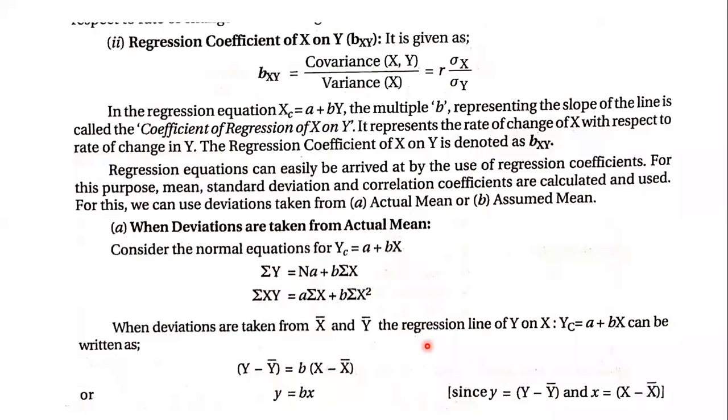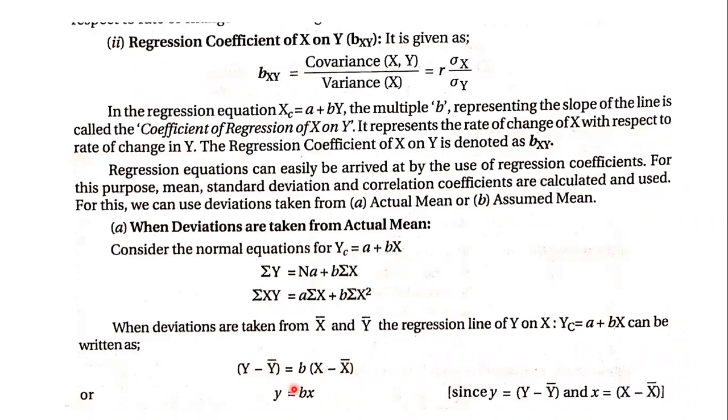Now, in that case, the regression line of y on x, that is yc is equal to a plus bx. If you are taking deviations from the actual mean, you are supposed to subtract y bar from the values of y and x bar from the values of x. Correct?